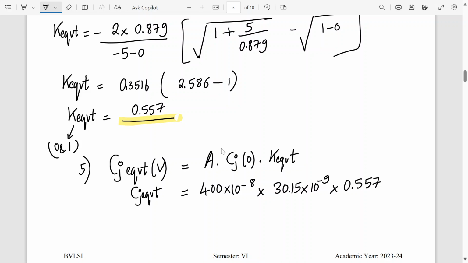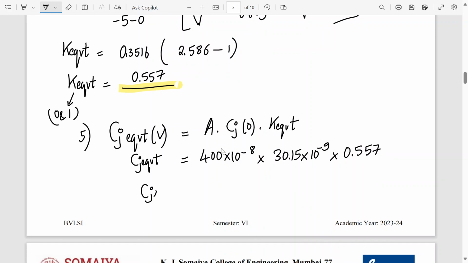So just the multiplication of these three terms and let me know the answer. How much is the answer in farads?